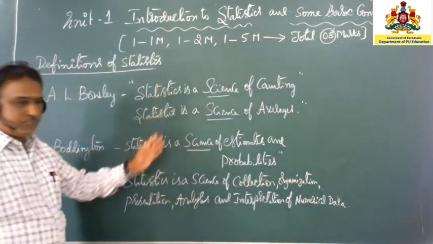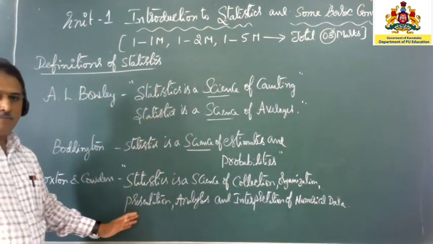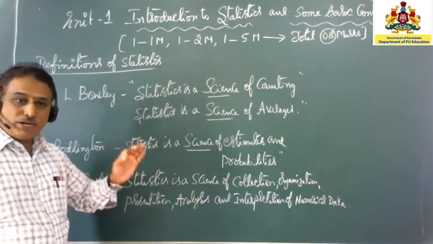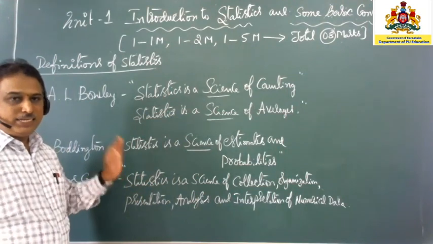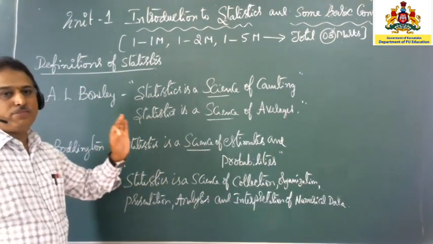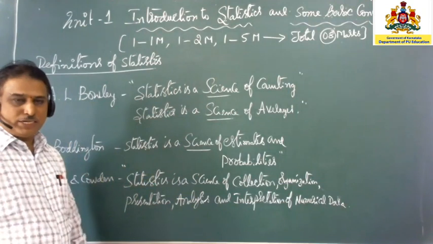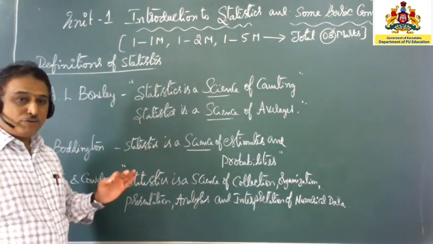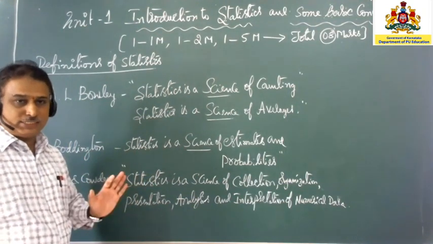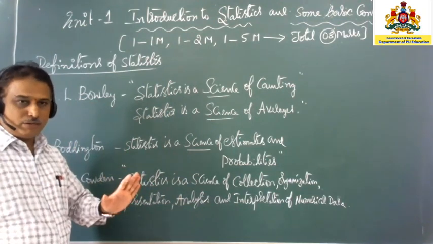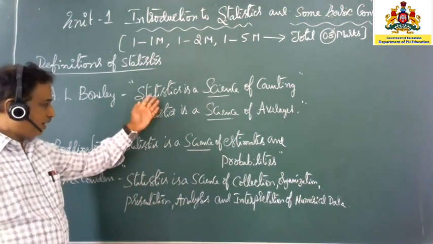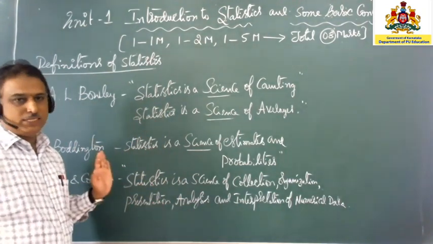All these definitions are based on the numerical data. That's why it is the singular sense of the definition of statistics. Define statistics in the singular sense. There is a 1 mark question. They ask, you can write any one definition of statistics.